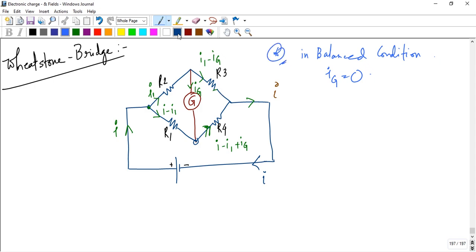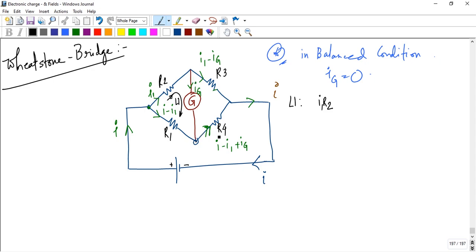Now we apply KVL in loop 1. The potential drop across R2 is I1 R2 in the same direction, plus IG times RG, where the potential drop is called VG.